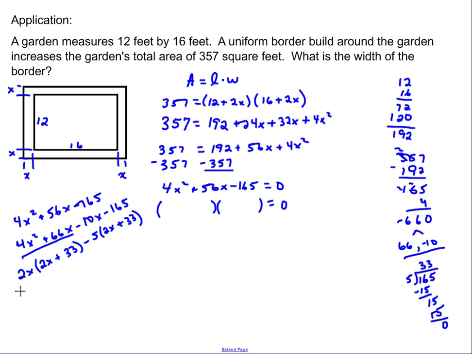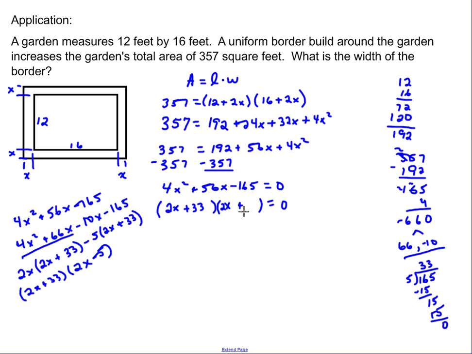Hey, lo and behold, there's our factorization, right? 2x plus 33 and 2x minus 5.